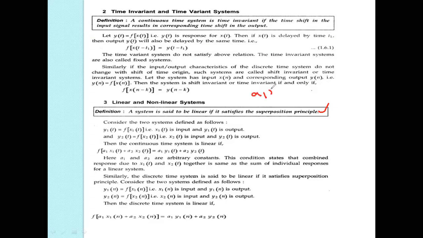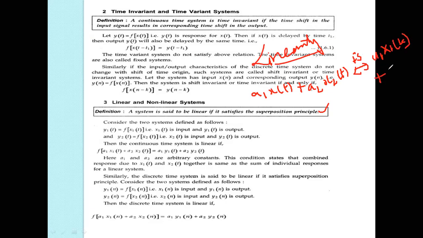So for both the functions, the input is the same, either for the Fourier series or the Fourier transformation. The input is two functions. In the Fourier series, the linearity property, the linear system, is related to the linearity property: a1 into x1 of k plus a2 into x2 of k.